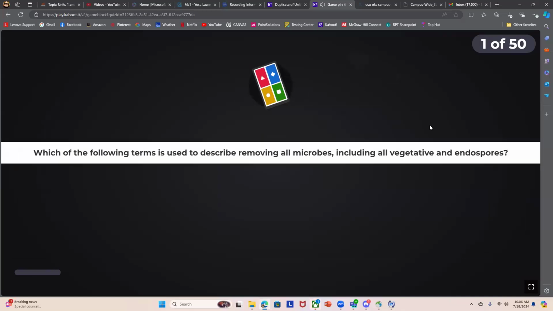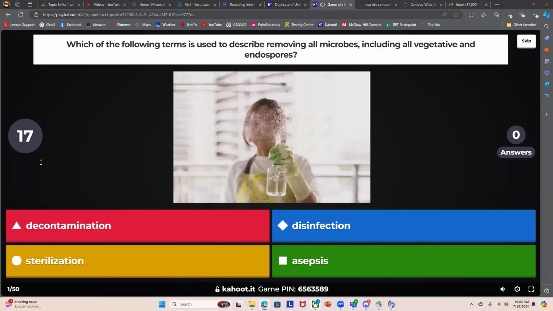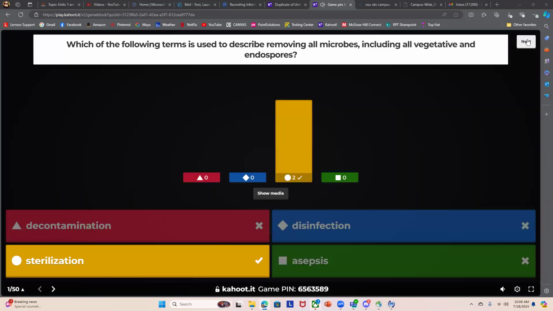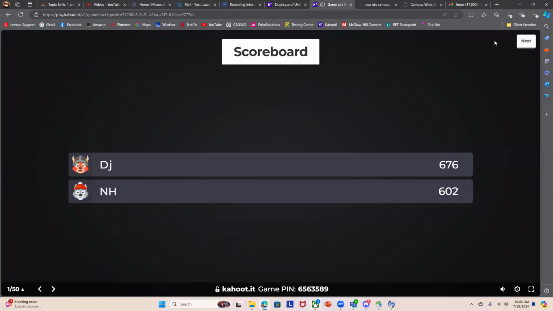All right, oh, I can't even read it because of all my stuff on the screen. Which of the following terms is used to describe removing all microbes, including all vegetative cells and endospores? All right, so this one, sterilization, pretty straightforward. Just knowing the difference between those terms, mostly memorization.